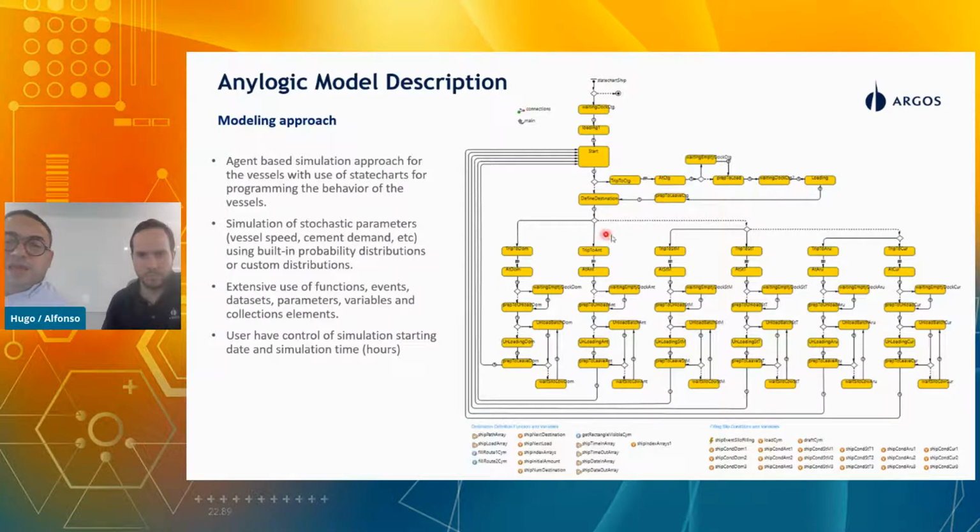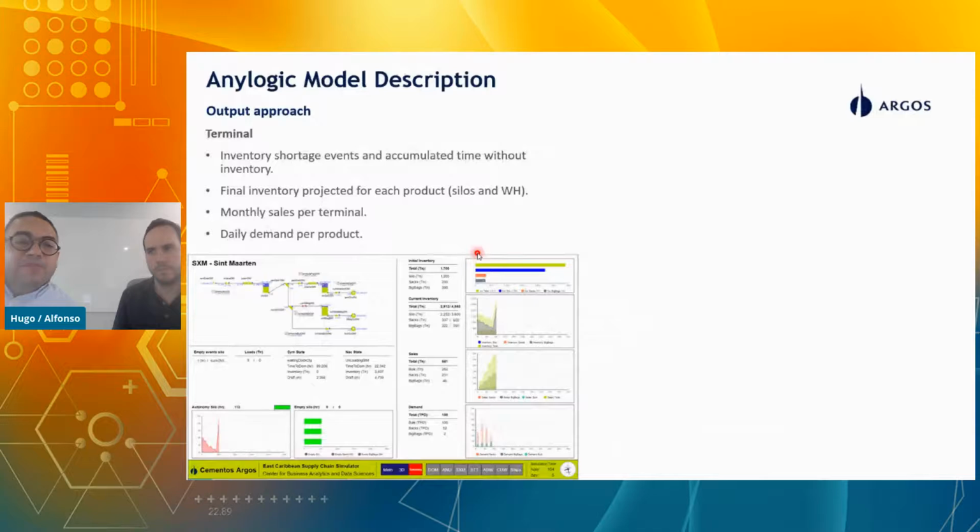And those elements here are representing the different states that one vessel follows when it goes to one specific terminal. So here is the routine for loading one terminal with a specific cement.